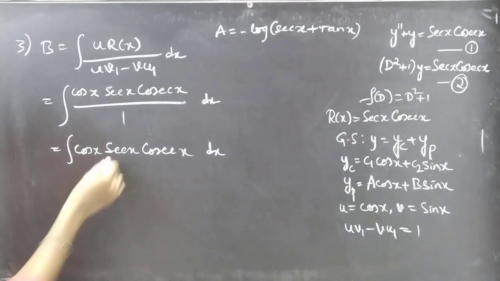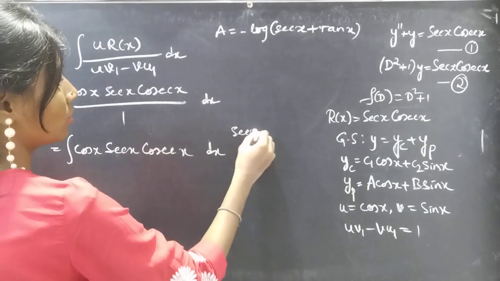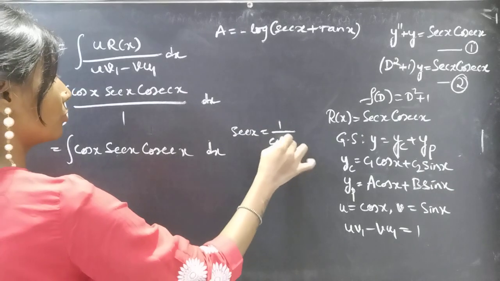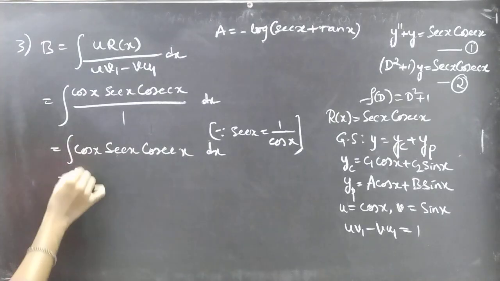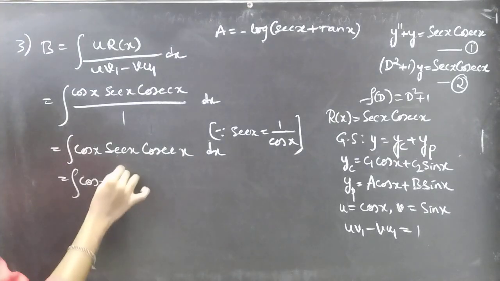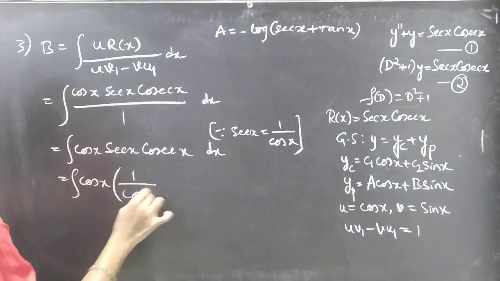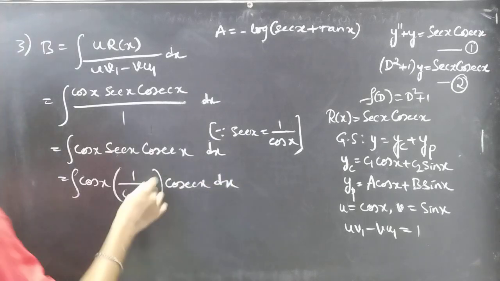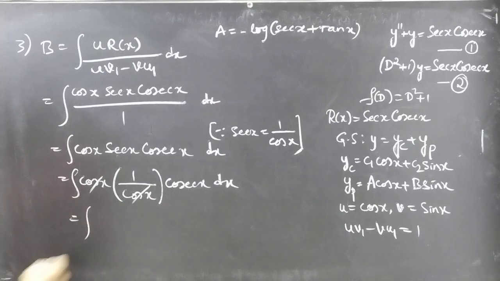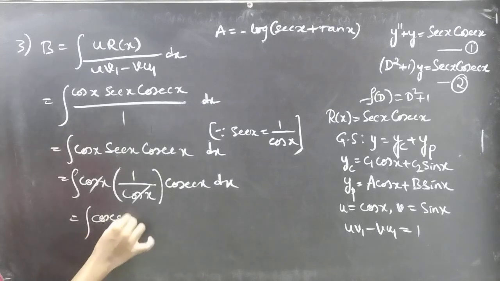Since secant x is the reciprocal of cos x, let's replace secant x with 1 by cos x into cosecant x dx. Cos x gets cancelled, and we get b equals the integral of cosecant x dx.